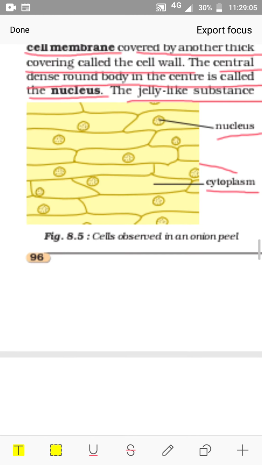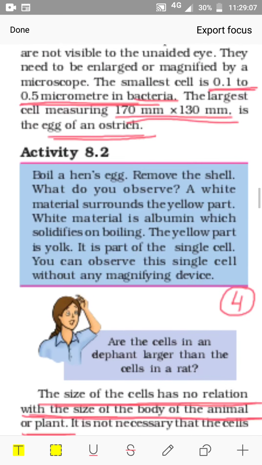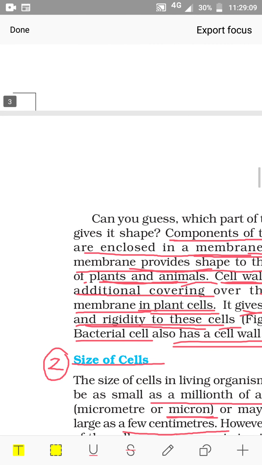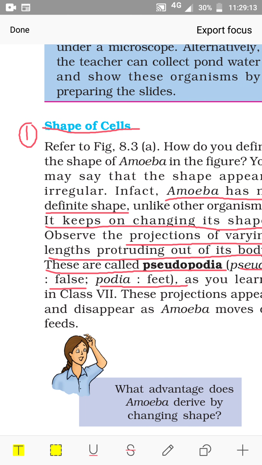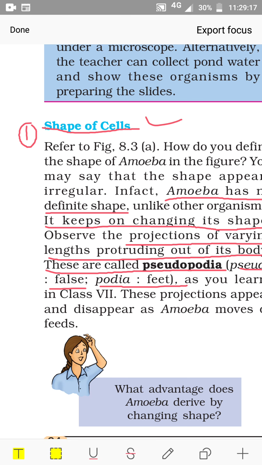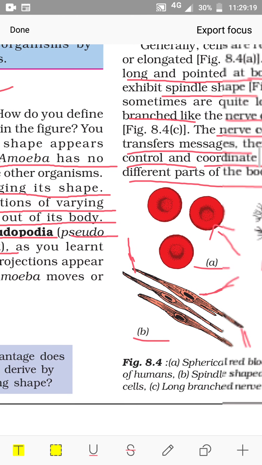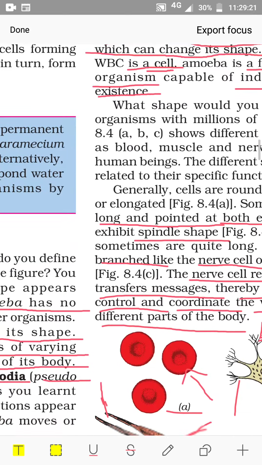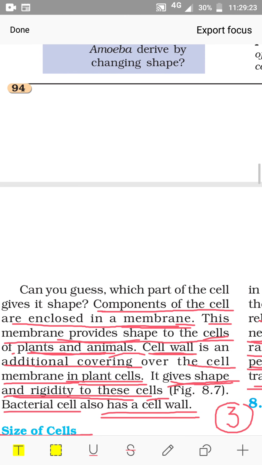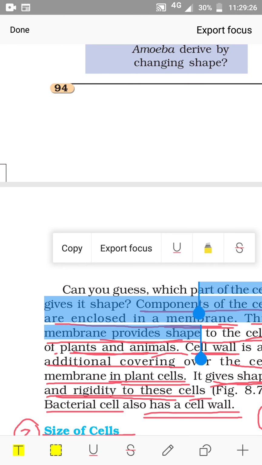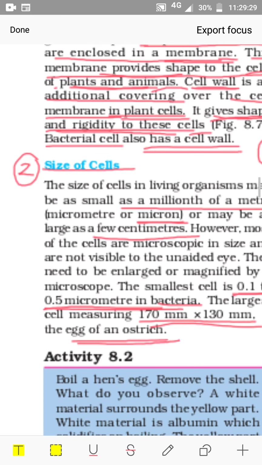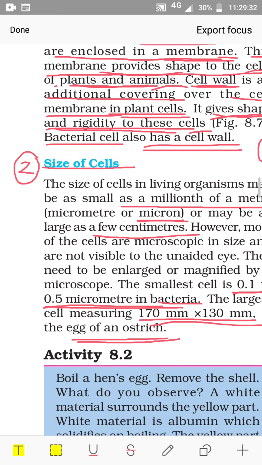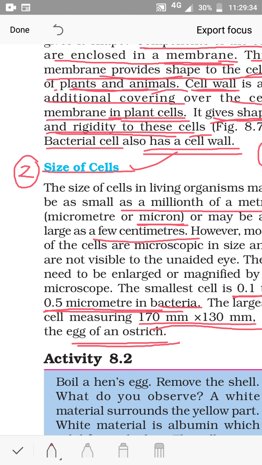So let us find out what we have learned. First we started with the shape of the cells. Second, we read about the size of the cells.